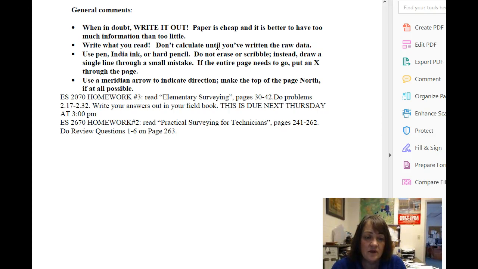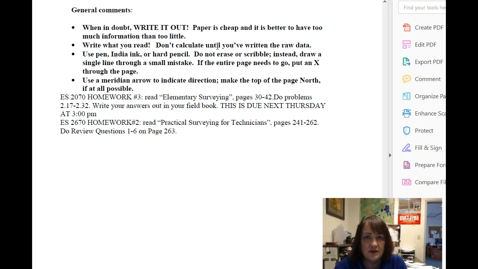So you want to make a clear record that you wrote something. You never ever erase in a field book. You always use that strikeout idea, either for a line or for the entire page with an X. Never erase, never scribble. Anything that needs to be struck out, just strike out using a single line.